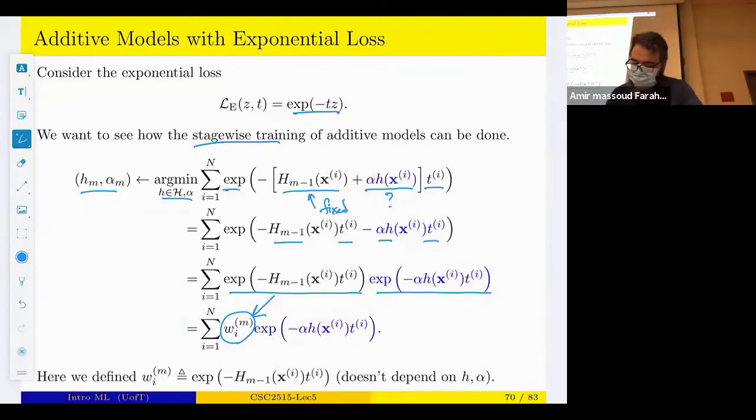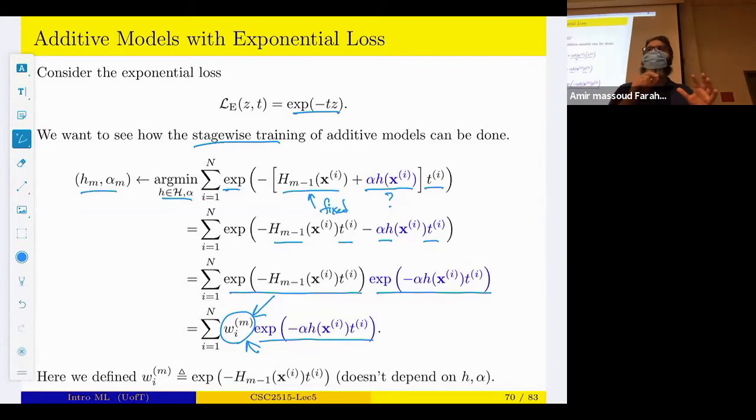So the form that we get is interesting. Essentially we get a form of loss function, which is the exponential of minus the current hypothesis times t, times some weight function, which basically says how important that training point is.